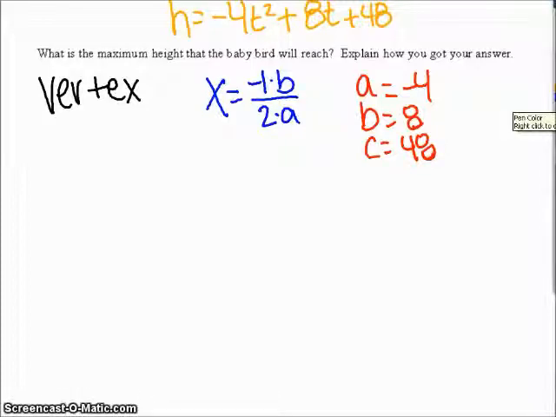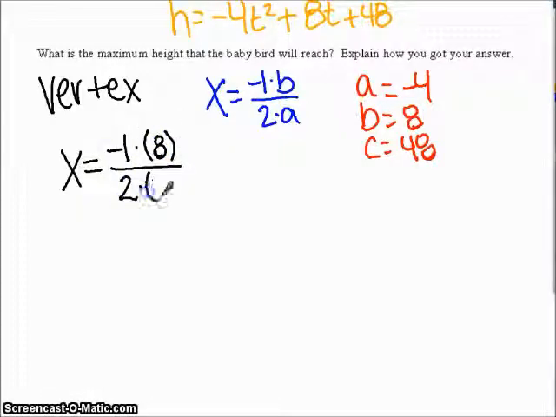Now I'm going to take this a and b term and substitute it into this formula. So we get x equals negative 1 times our b, which is 8, divided by 2 times our a, which is negative 4. When we simplify, we get negative 8 divided by negative 8, which is positive 1. Now, we're not done yet. We have to take this 1, substitute it back into our original equation for t, because t is taking the place of x.